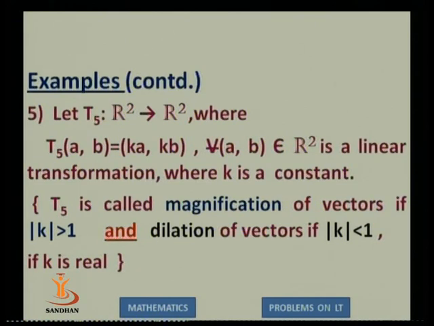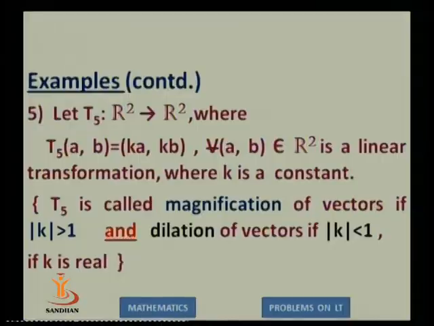T phi is a linear transformation for any constant k. Further, T phi is called magnification of vectors if modulus of k is greater than 1, and dilation of vectors if modulus k is less than 1, where k is a real constant.